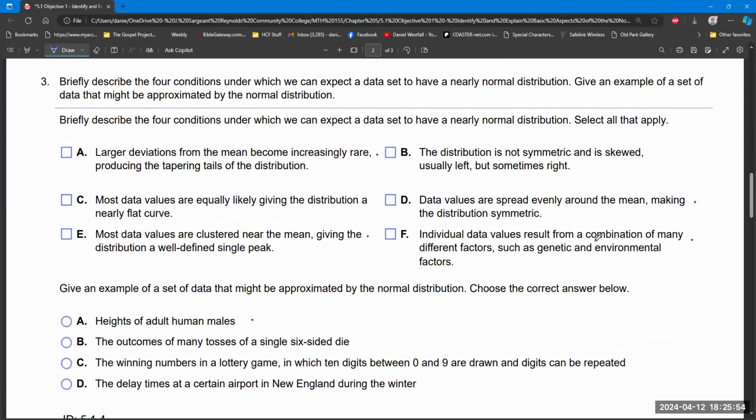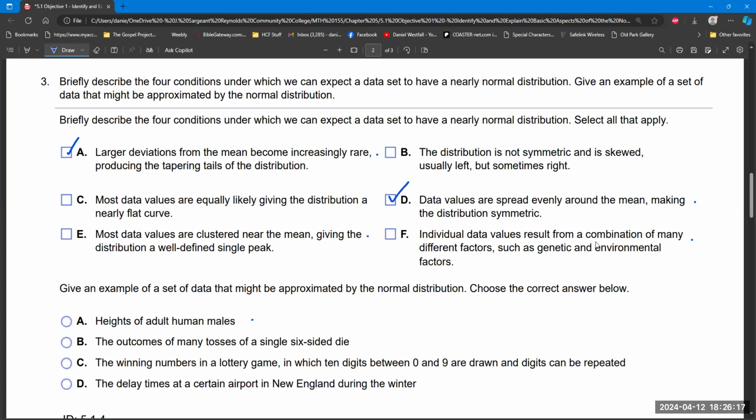So first condition, larger deviations from the mean become increasingly rare, producing the tapering tails of the distribution. And then we see data values are spread evenly around the mean, making the distribution symmetric.